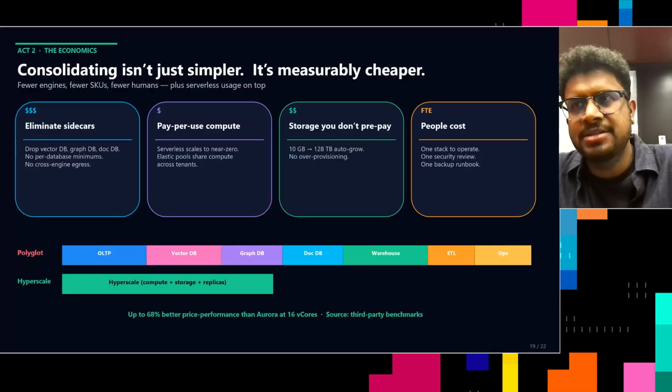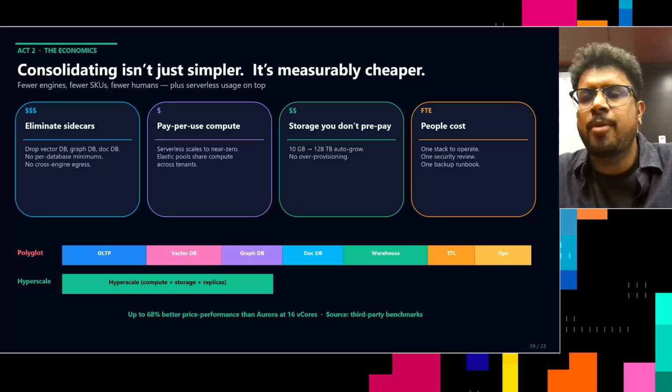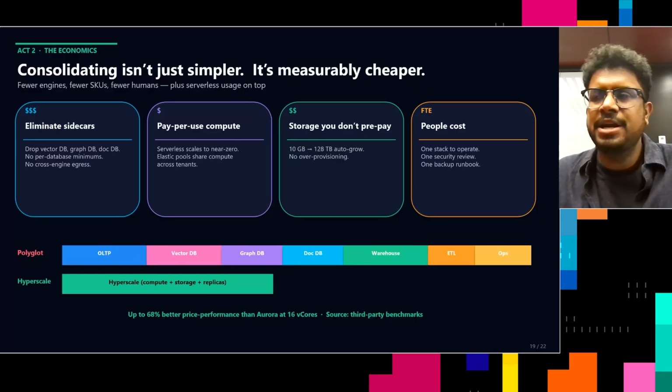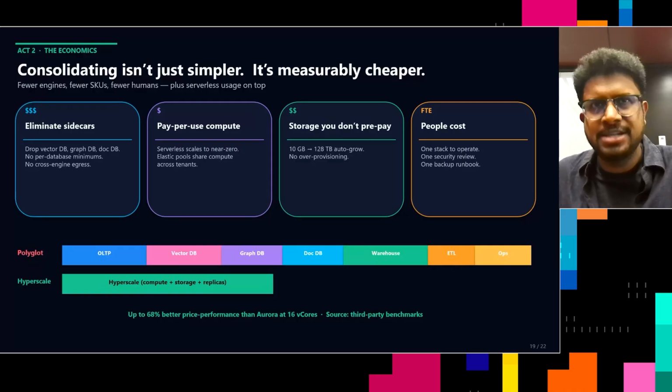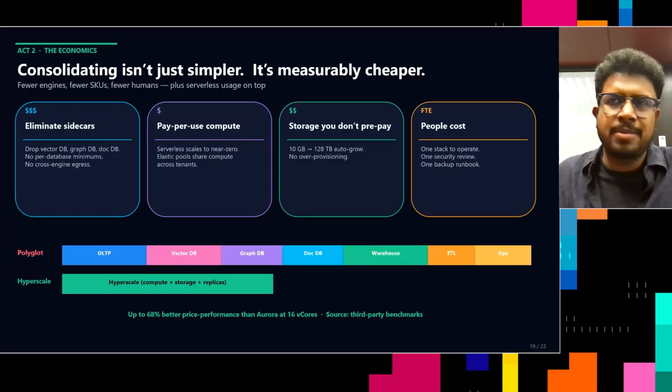We understand the core engine now. Coming back, the core engine doesn't have polyglot tax, and Hyperscale is giving scale. Whatever it is, the economics are very important, right? Because you are avoiding polyglot tax, you are eliminating all the sidecars, which means a separate vector DB, a separate graph DB, all of them are not there.